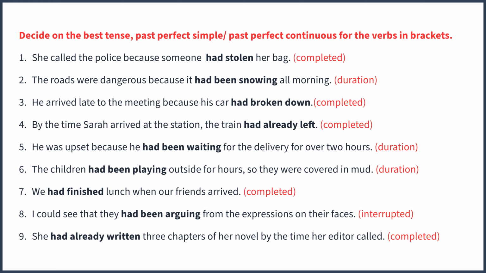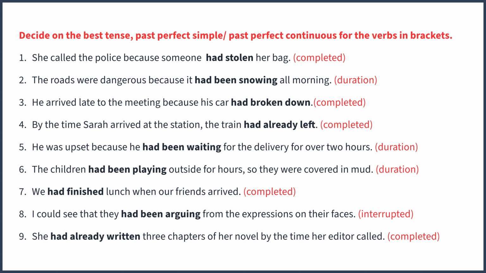Number 1, the sentence shows a completed action, so past perfect simple. In number 2, we see that the sentence emphasizes length of time, so past perfect continuous. Number 3 shows a completed action, past perfect simple. Number 4, the sentence shows a completed action, past perfect simple. Number 5, the sentence shows length of time, past perfect continuous.